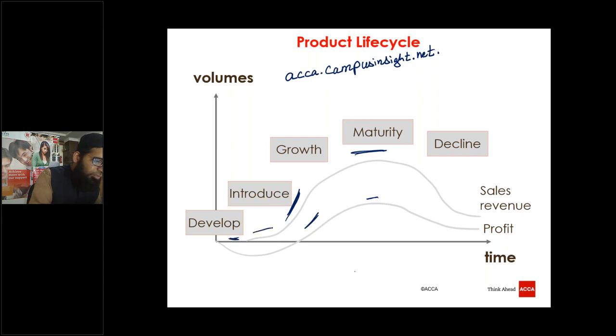Then the company launched it. Afterward, the sales of Galaxy S8 started to grow very rapidly. Then the sales of Galaxy S8 will be at their peak. And finally, the customers have lesser interest in the Galaxy S8, so the sales of Galaxy S8 will start to decline.